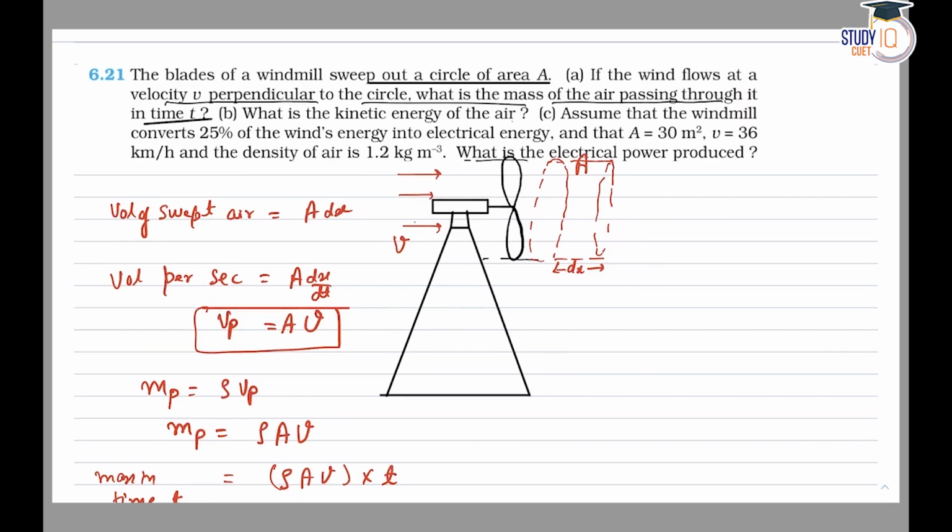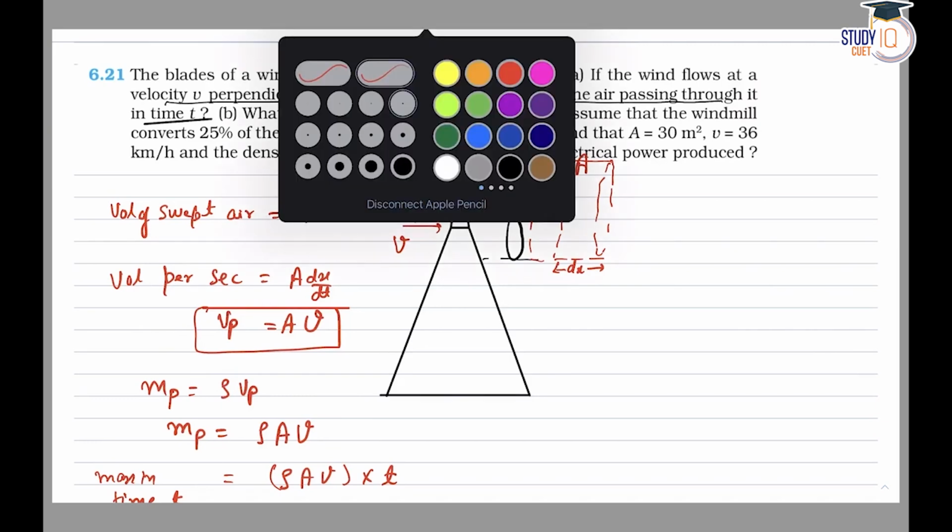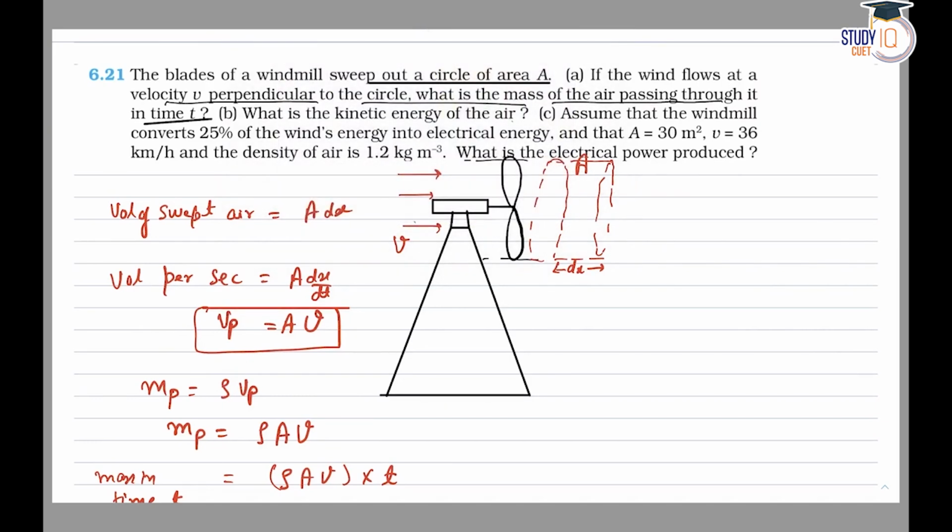Now moving to the next part, that is section B. What is the kinetic energy of the air? The kinetic energy of air can be written as half m v square.